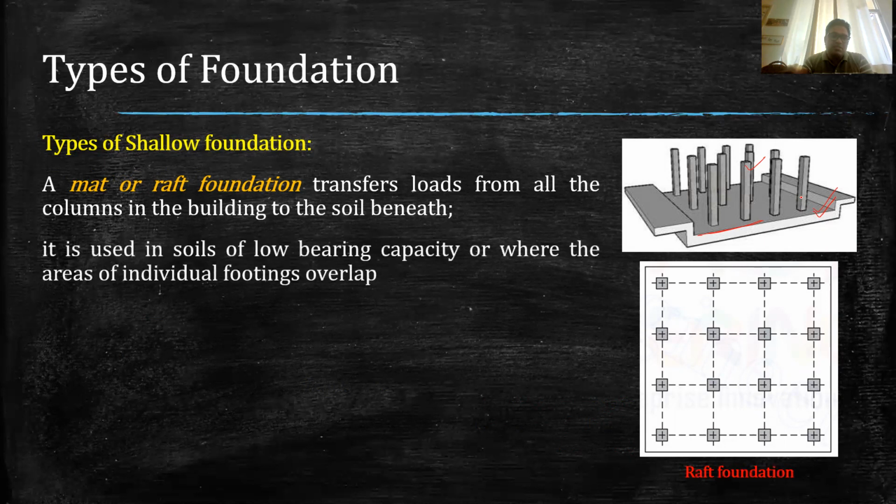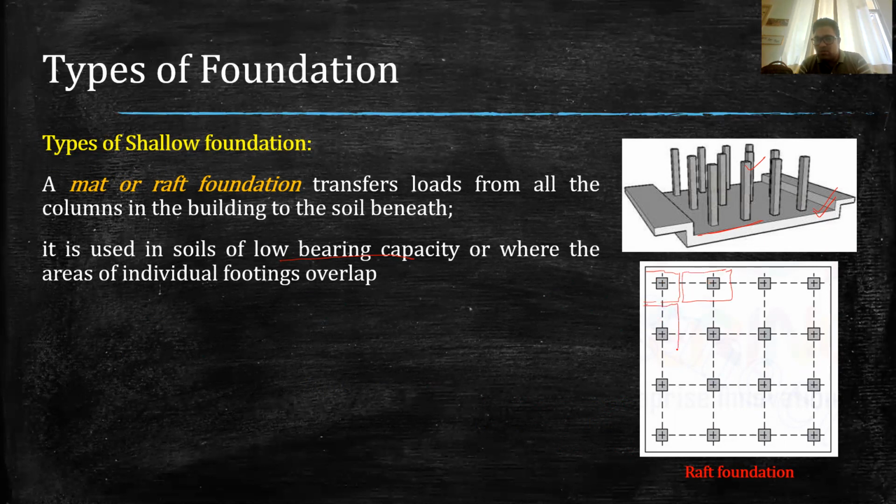This raft foundation is used in soil when there is a low bearing capacity. Then we can use this raft foundation. Also, if the column footings are overlapping. For example, this is the column and the plan of the footing is this one. Similarly, its plan is something like this.